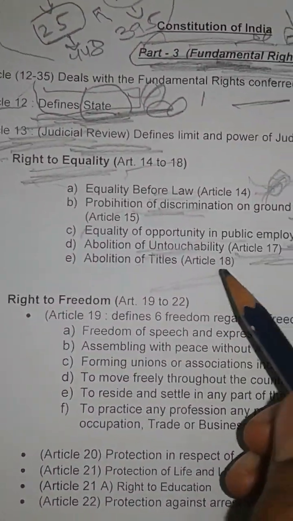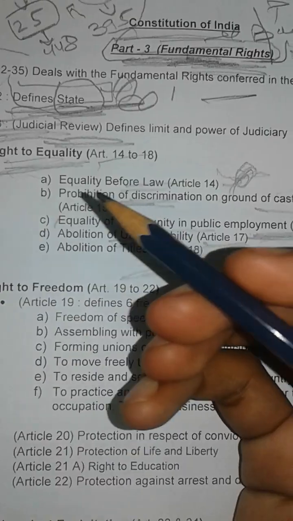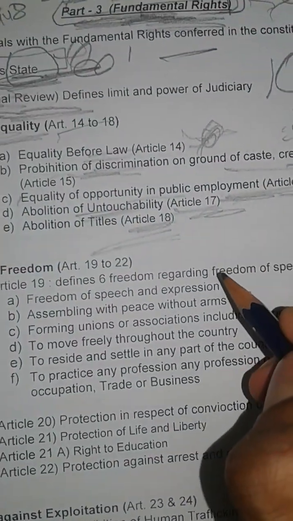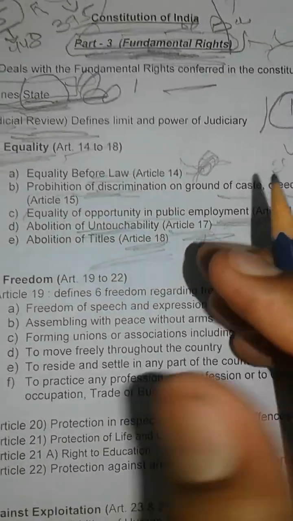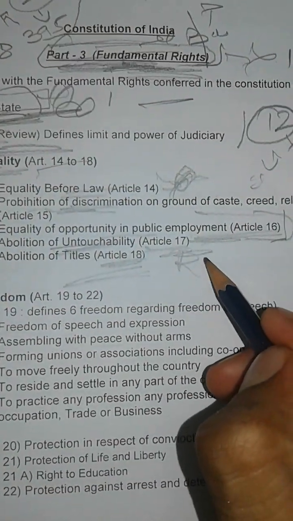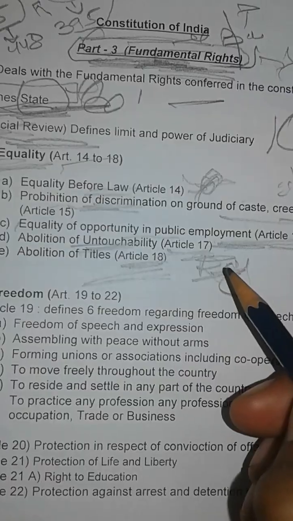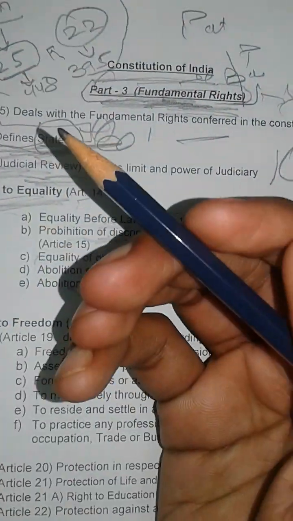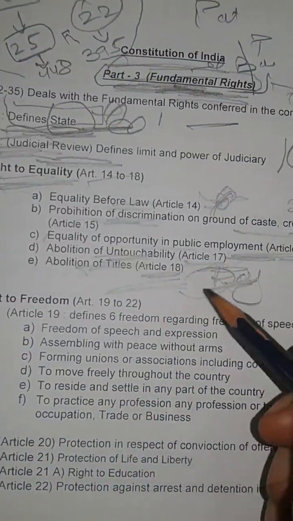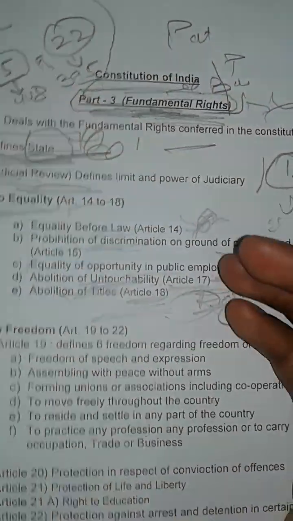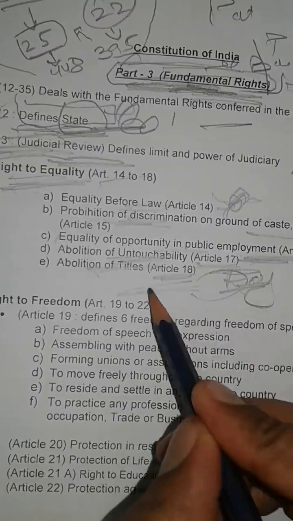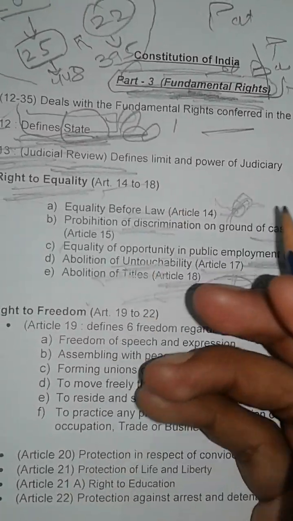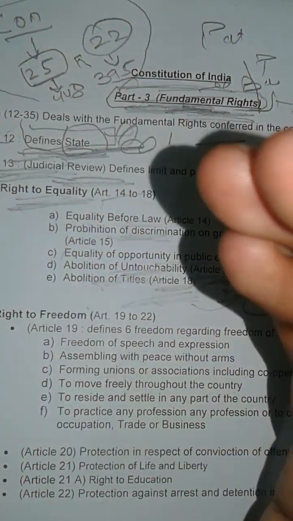Article 18 deals with the abolition of titles, which says that in earlier times we have heard about Rai Sahab or Rai Bahadur or such names, right? These are titles which the state shall try to remove, and which shall be discouraged by the state. But there are one or two exemptions in this article: in the case of military ranks, for example major, lieutenant, etc., they can use their titles.